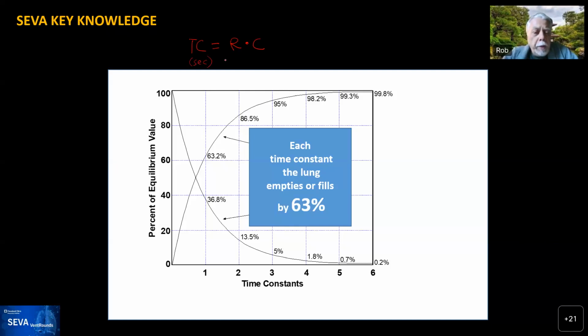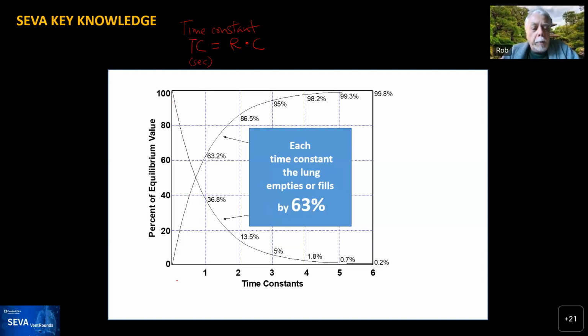And after one time constant has elapsed, either during inspiration or expiration, the exponential curve will change by 63%. That means that during pressure control, 63% of the volume is delivered in one time constant. And for any mode of ventilation, after an expiratory time equal to one time constant, you will exhale 63% of the tidal volume. And it continues on like that.